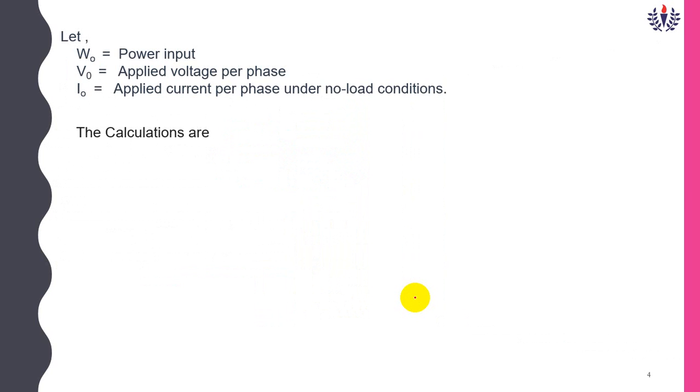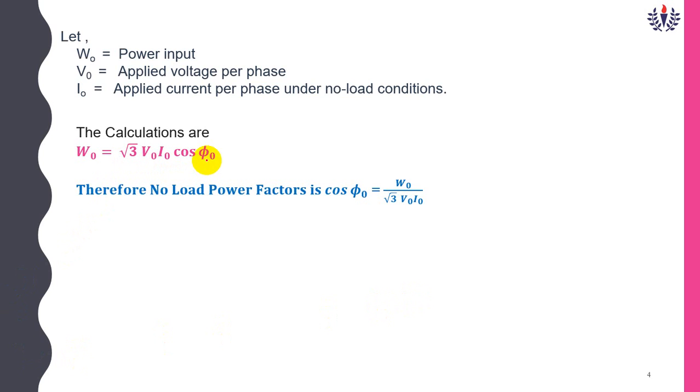Now how to find the calculations? The formula is W0 equal to root 3 V0 I0 cos phi 0. Therefore the power factor cos phi 0 equal to W0 by root 3 V0 I0. This root 3 stands for the machine running in star connection.